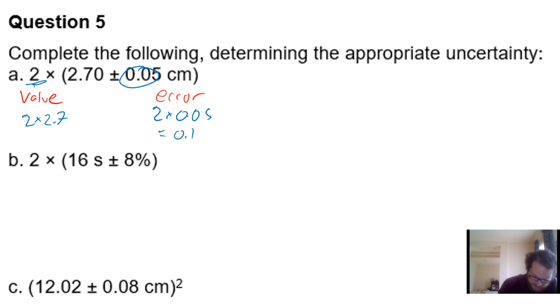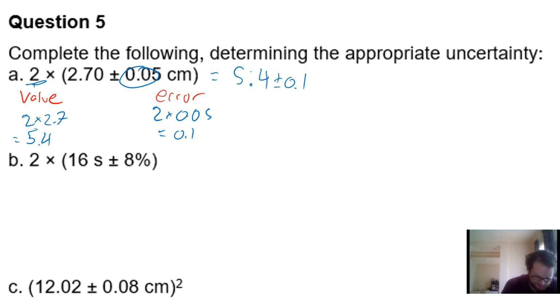So that means our final value is going to be, I didn't actually work this out, sorry about that, 2 times 2.7 equals 5.4. So our final value is going to be 5.4 plus or minus 0.1.